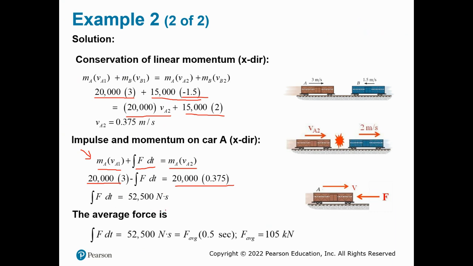This will help us calculate how much impulse, which is force over a short period of time, how much linear impulse we have. The unit will be Newton second, force times time. And if we know this happens within 0.5 seconds, total time is half a second, we can calculate the average force when they collide together: 105 kilonewtons.